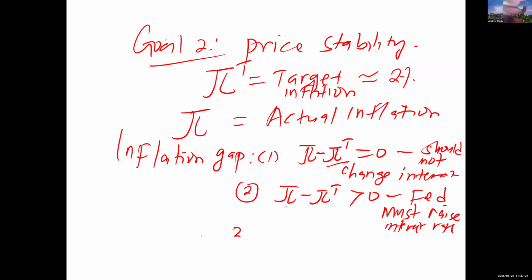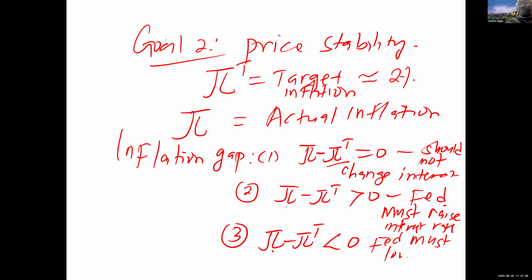And then case three, if actual inflation minus target inflation is below 0, meaning that actual inflation falls below the Fed's target of 2%, then the Fed must lower the interest rate to bring inflation back to its target.